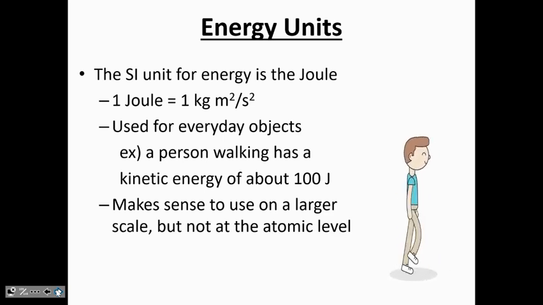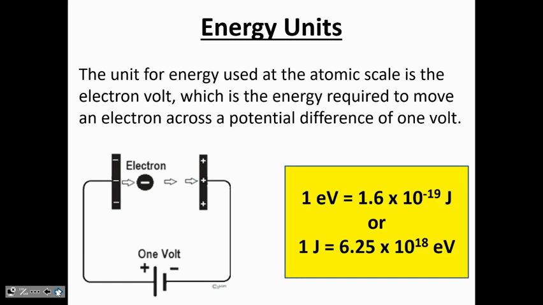So we can use joules to represent values on a larger scale, but if we tried to use joules on the atomic level, the values would be so small that they'd be a little cumbersome to write because the power of 10 would have a relatively large negative exponent. So since we're talking about tiny amounts of energy, physicists use a different unit to talk about the energy of electrons, and that unit is called the electron volt.